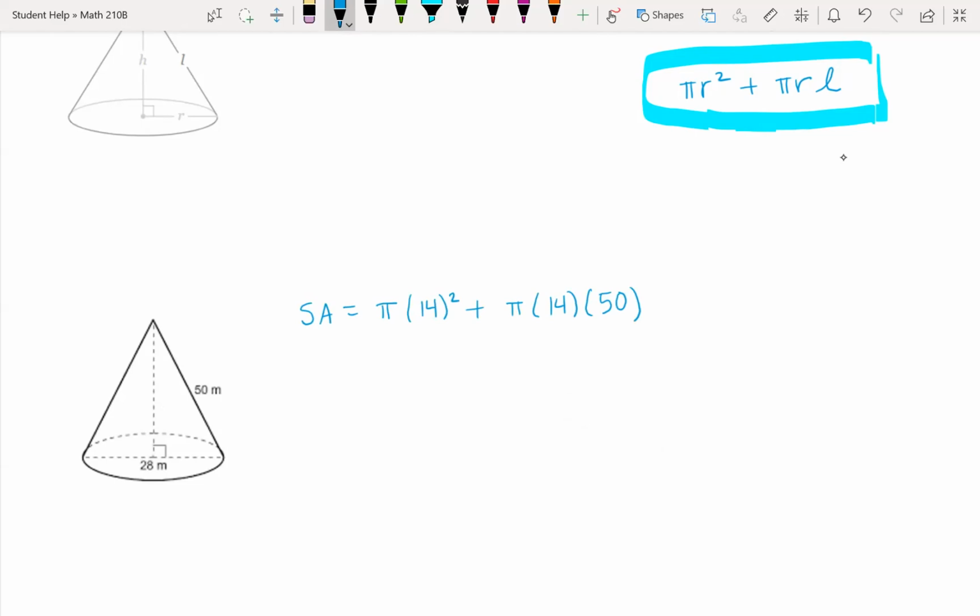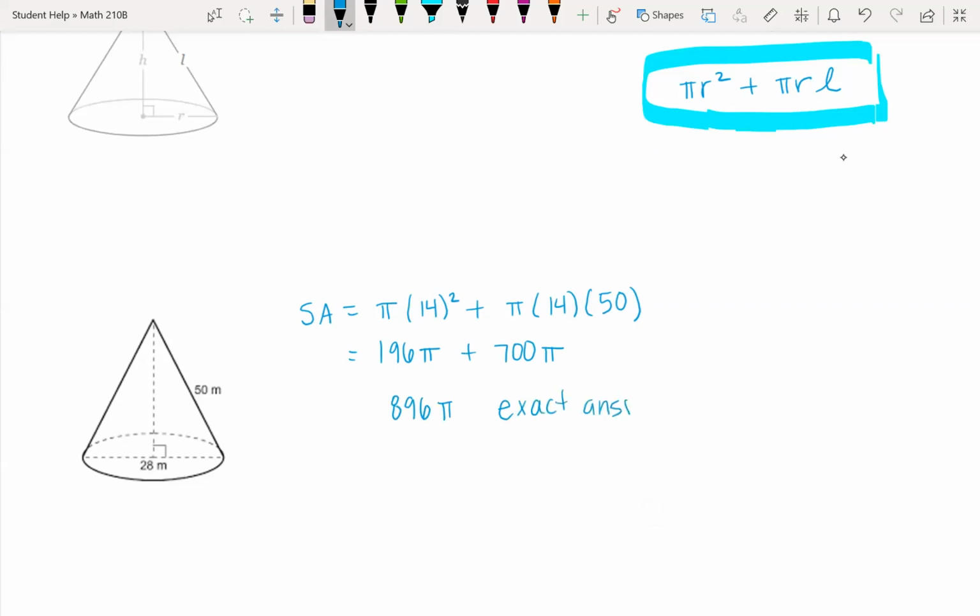So 14 squared is 196 times pi, and then 14 times 50 is 700 times pi. And so that would be 896 times pi.